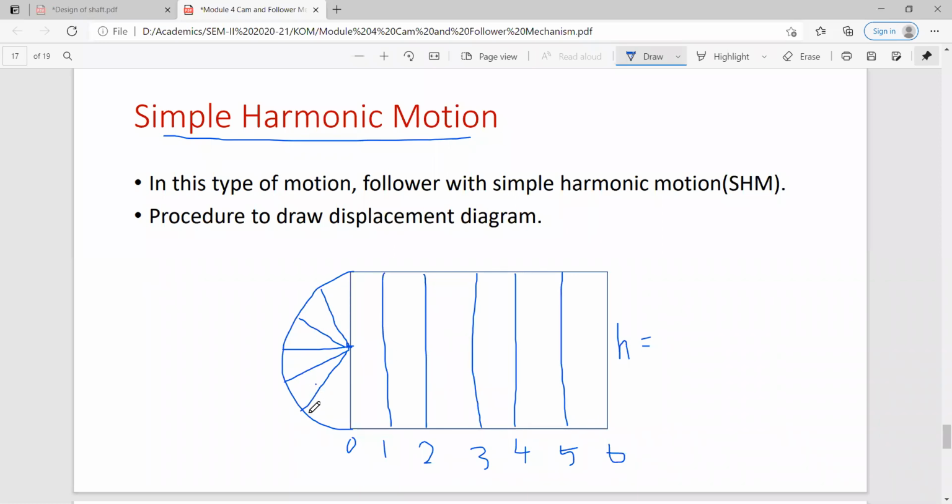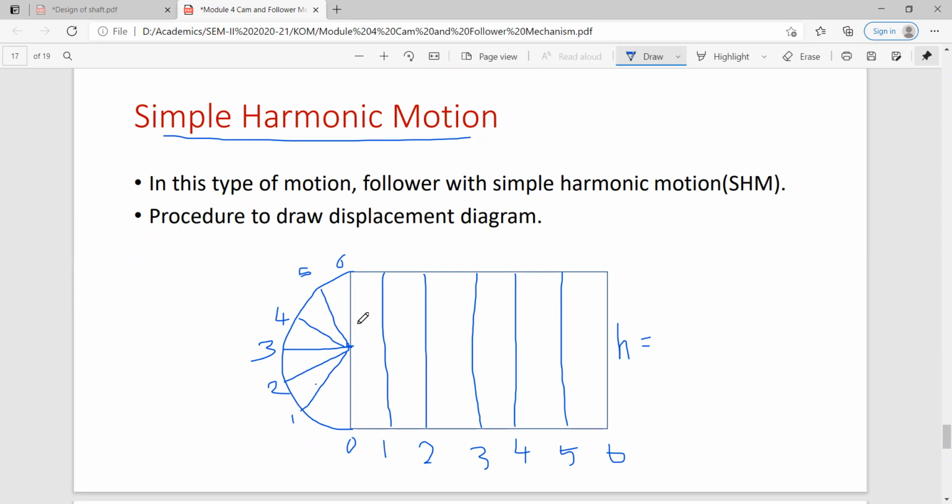Now you number it like 1, 2, 3, 4, 5 and 6. Suppose you are drawing for the return stroke, then you will number from the top position, meaning here it will be 0, 1, 2, 3, 4, 5, etc.